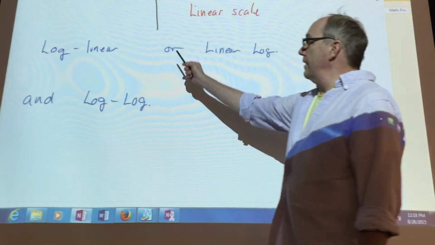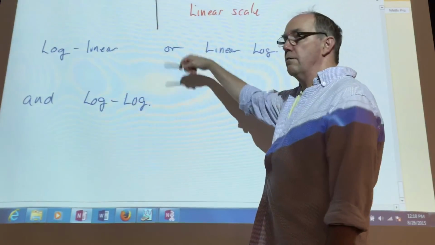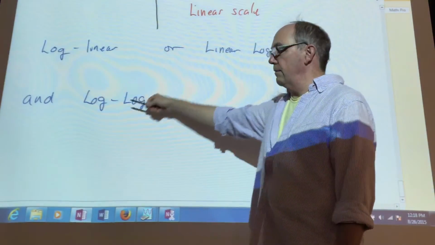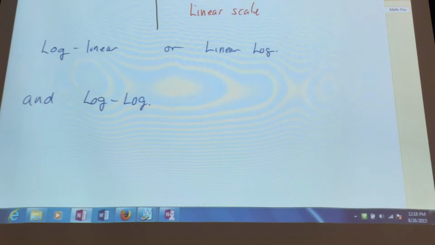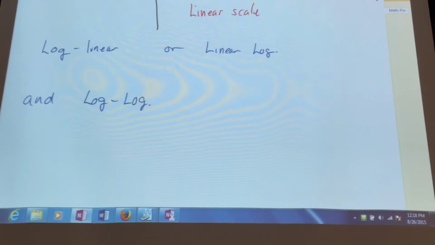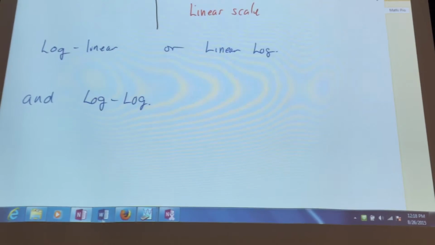So we have a log linear and a linear log, depending on which one is linear and which one is log, and we also have the log log. And so I found a reasonable example, I think, here.